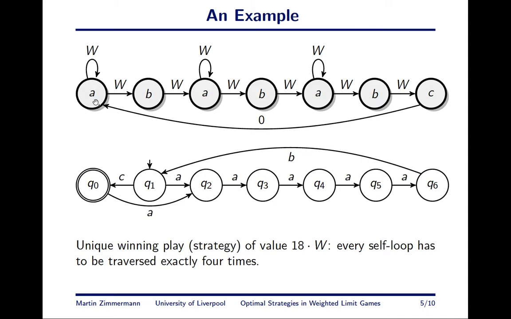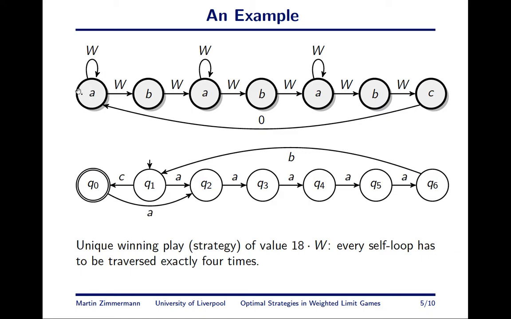That means you have seen 5 labels A, then you see a B, then you're back in this state Q1 here, then you again see 5 A's and a B, and so on, until you see the C, and then you have to go back and do the same thing again. You cannot stay too long in this self loop because you cannot process 6 A's in a row, and you cannot stay in there too short because then you cannot process the B. Okay, so this is what's going on.